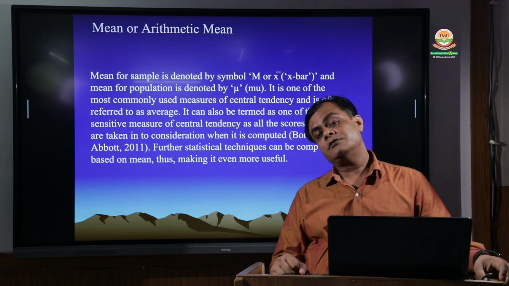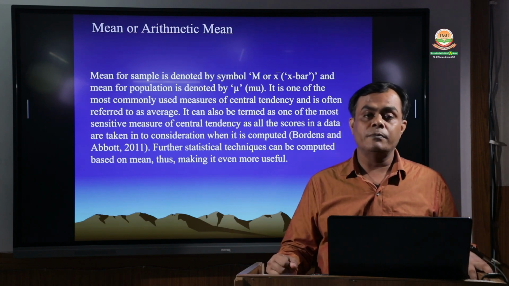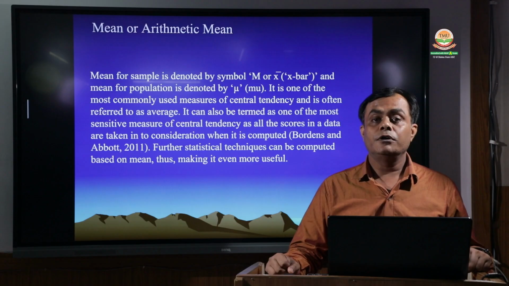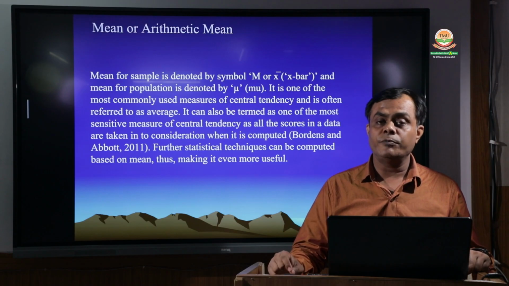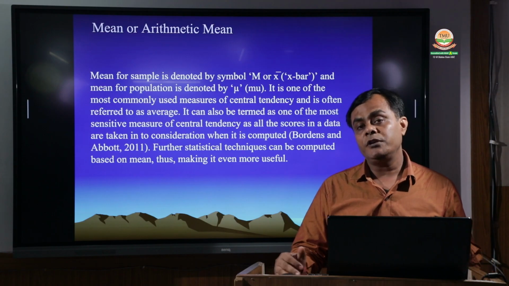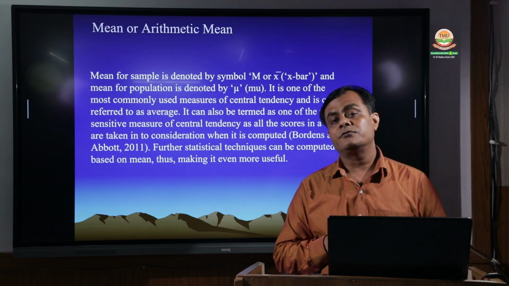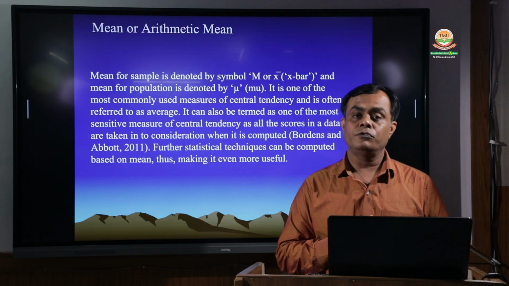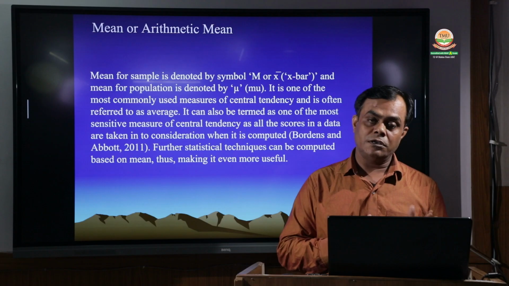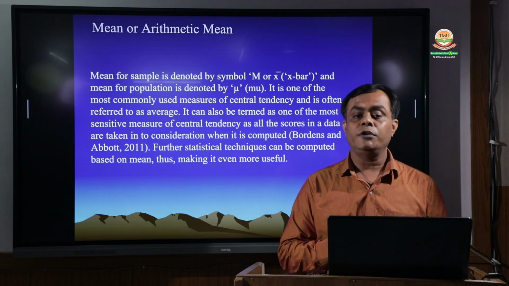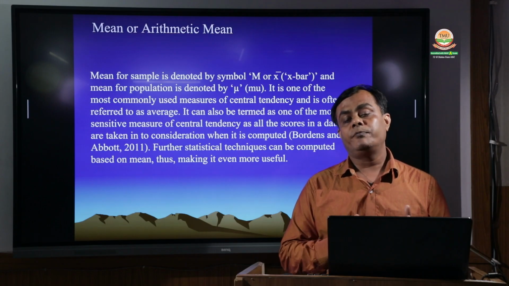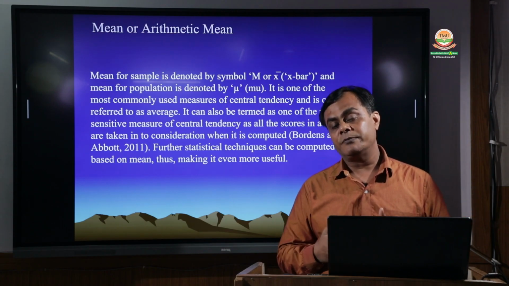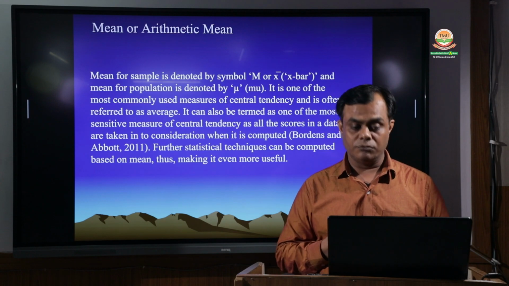So there are so many mathematical or statistical calculations that are calculated on the basis of the mean. The mean is one of the base values in the statistical and mathematical fields. So under the measurements of central tendency, the mean has a very high priority everywhere for further mathematical or statistical calculations.